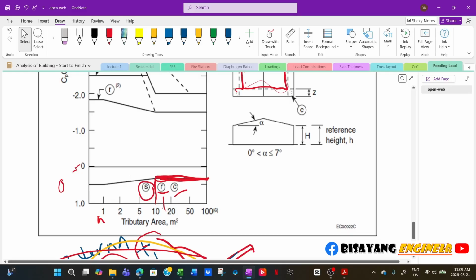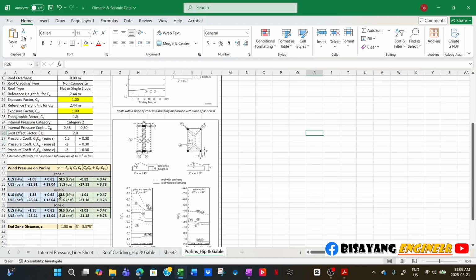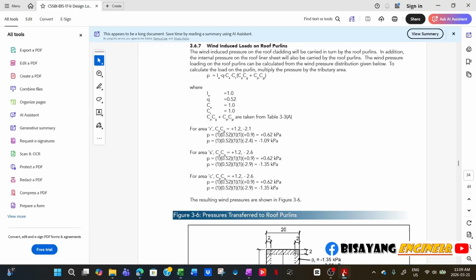If it's in between, then you use linear interpolation, or what do you call this one? Similar triangle. So by ratio and proportion. Going back, this is 0.62 and then negative 1.35.